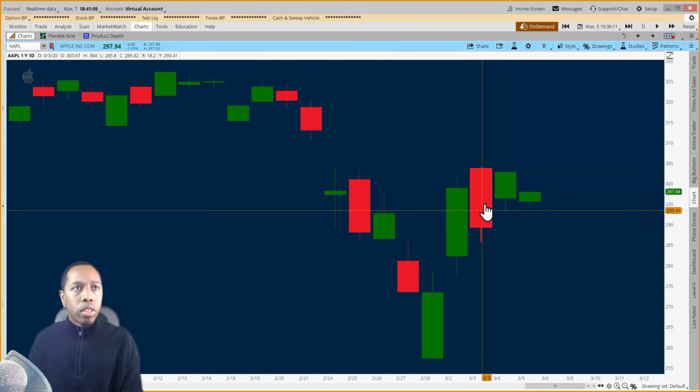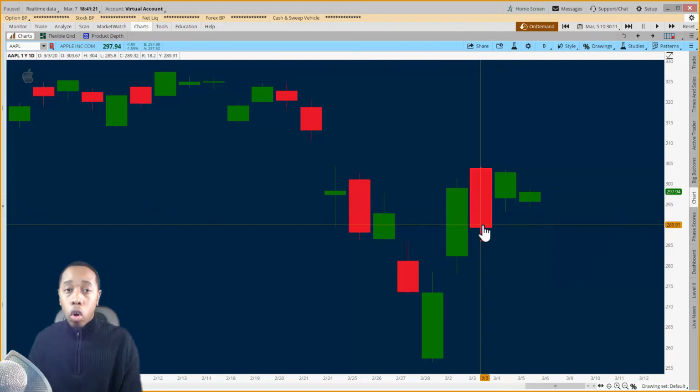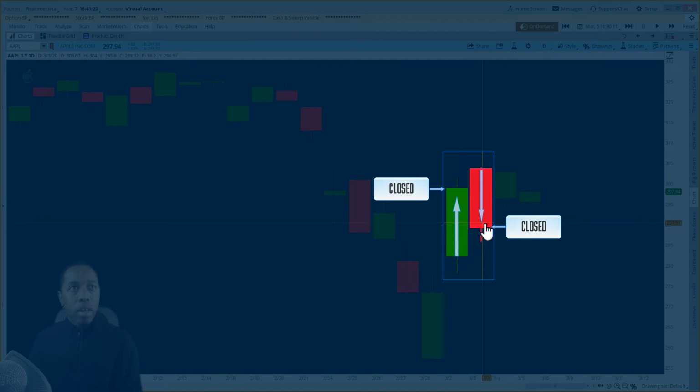What you want to do is take a look at the previous day. We're looking at this red candlestick. It's bearish. Why is it bearish? Because it opened at the top and fell down to the lowest, and it closed lower than the previous session. The previous session means the day before, when this stock closed at this top, which was 298 and 81 cents.